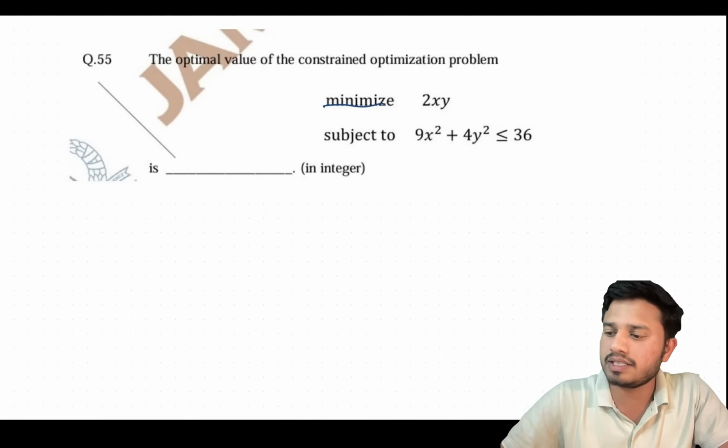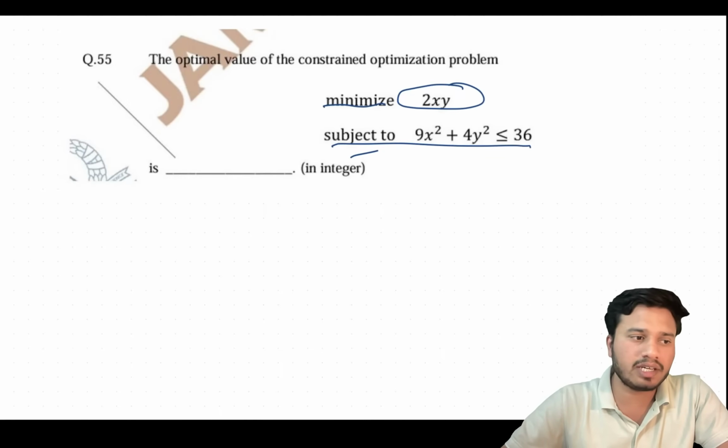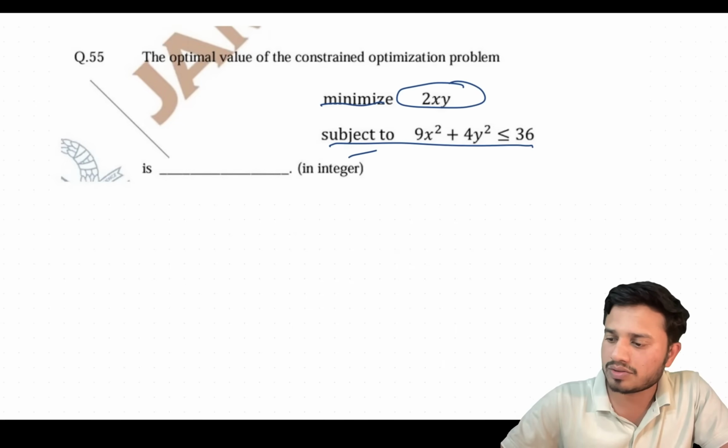You have to minimize this subject to this constraint. The constraint can be like this.